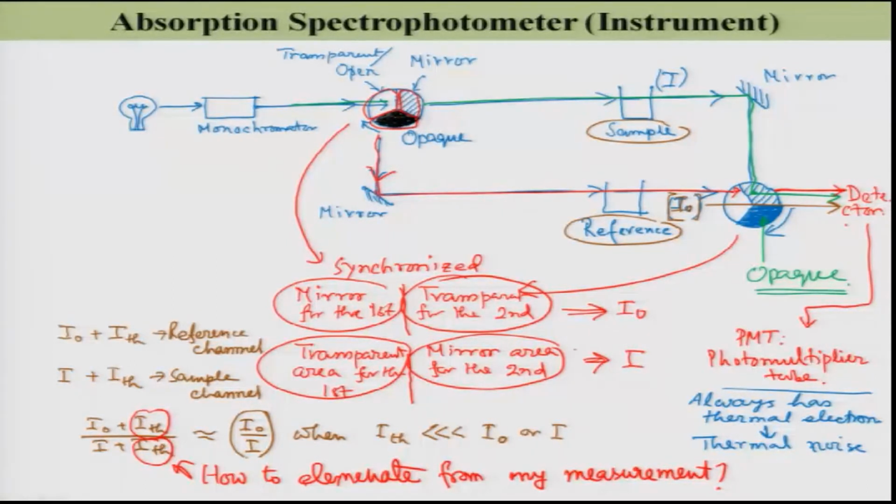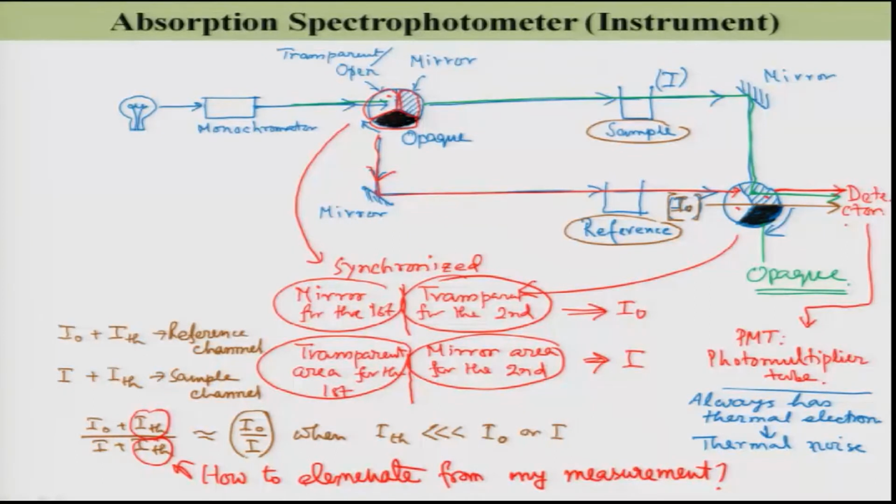So, as I was telling, this is synchronized in such a way that mirror for the first one means transparent for the second one, transparent for the first one means mirror for the second one, opaque for the first one means opaque for the second one, right.